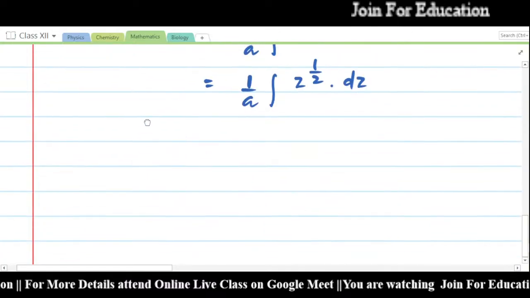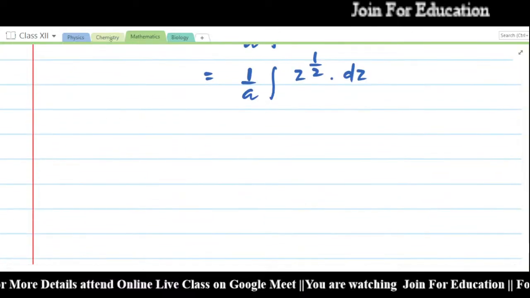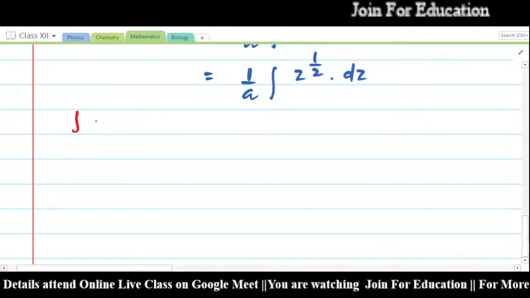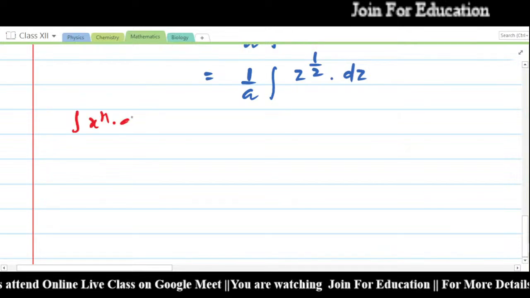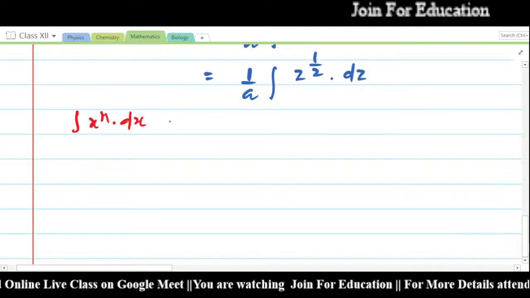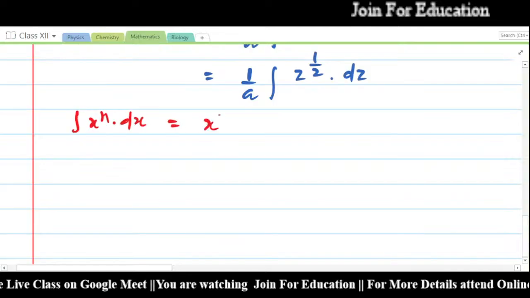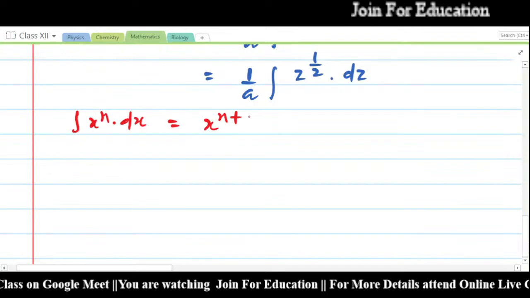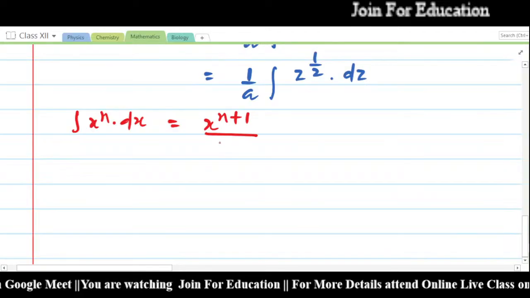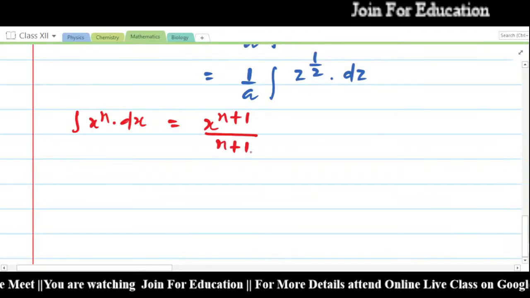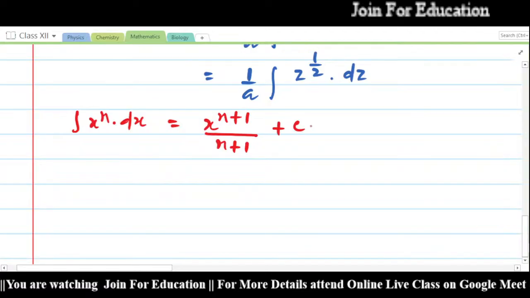Now we recall the formula: integration of x to the power n into dx equal to x to the power n plus 1 by n plus 1 plus c.